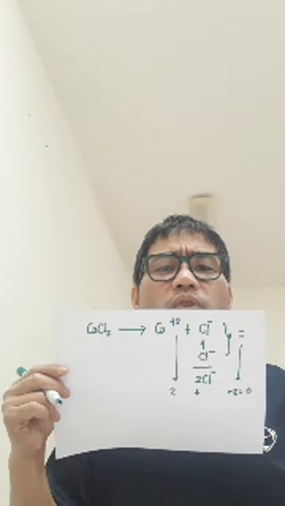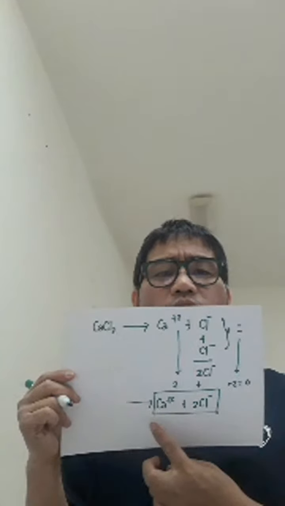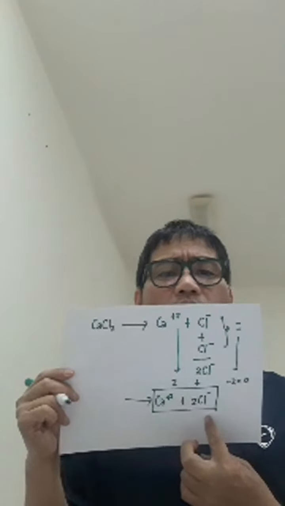So our dissociation will now take place as calcium positive 2 plus 2 chloride. So our dissociation species of calcium chloride will be calcium positive 2 plus twice the chloride negative.